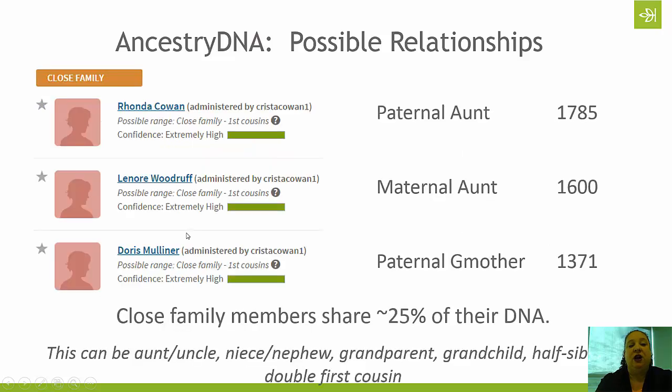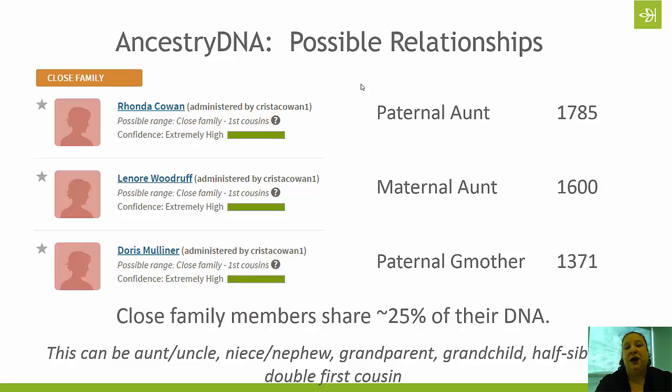The next category on Ancestry in our DNA match list is close family. Now, close family are people with whom you share about 25% of your DNA. The kinds of relationships that are going to show up in close family are an aunt or an uncle, a niece or a nephew, a grandparent or a grandchild, a half sibling, or a double first cousin.